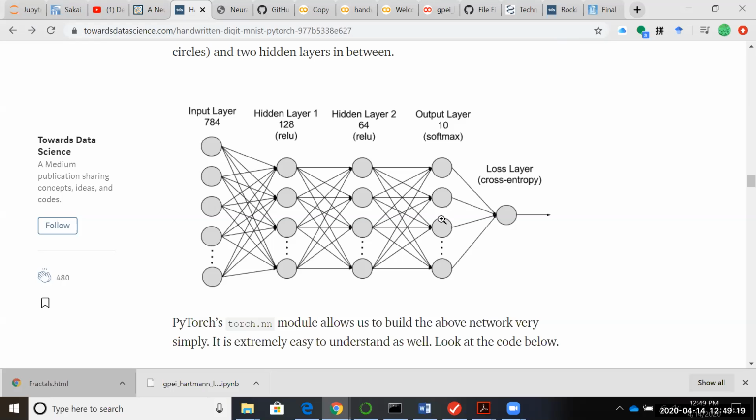So one way is we can feed in one image, and then we get one result here, and that result will depend on all these weights. You can take a gradient of these things and then do steepest descent. The problem is that if you're doing it image by image, that is very inefficient and slow.